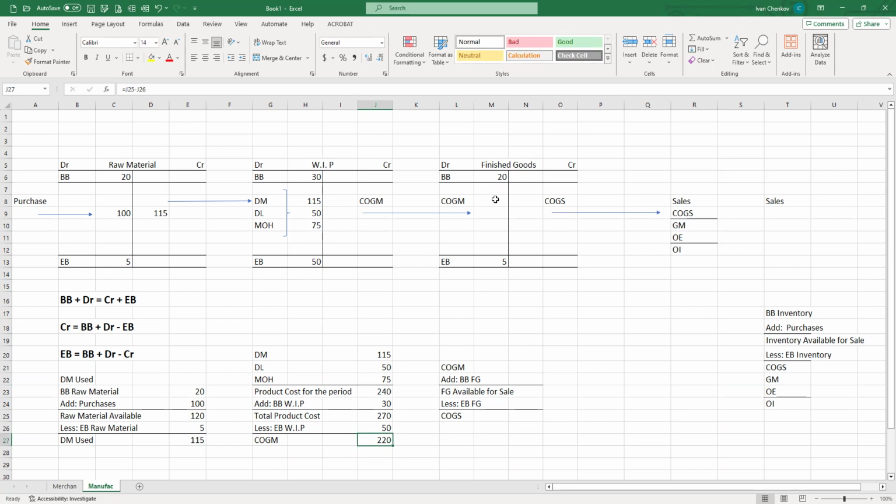Now, that 220 is going to come here. Let's put some new numbers, 10 here, and 40 here. So our cost of goods manufactured was 220. Our beginning balance is 10. I should make this interactive so we don't have to calculate or enter it manually all the time.